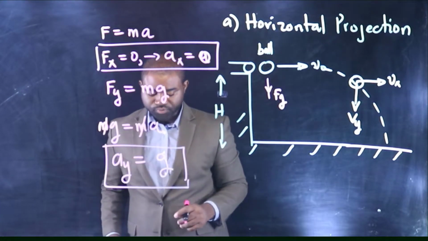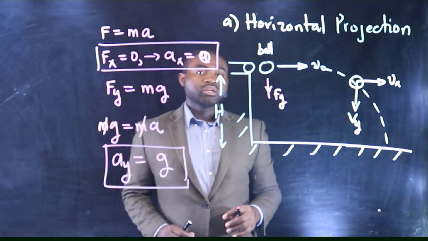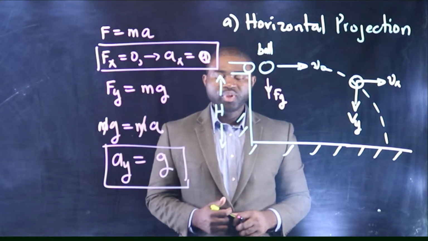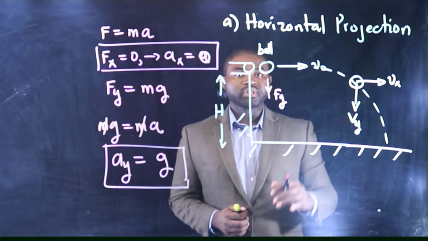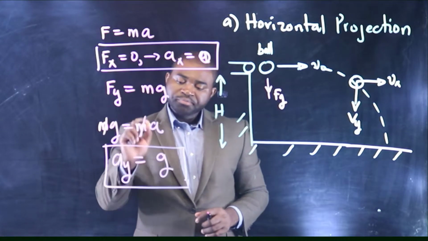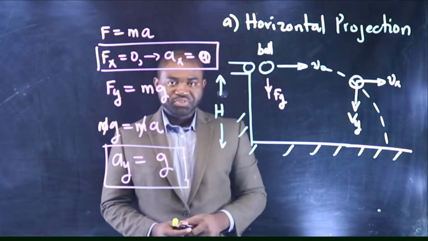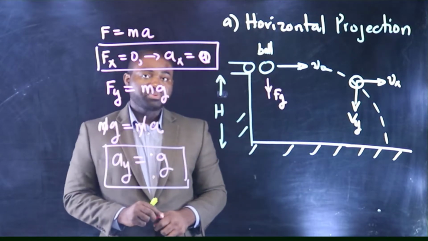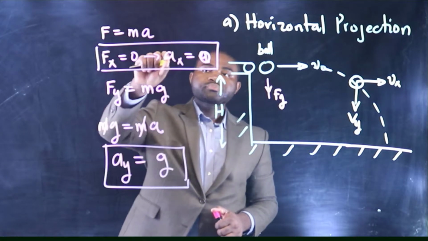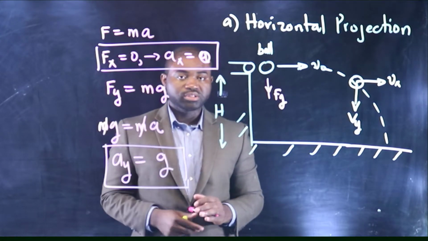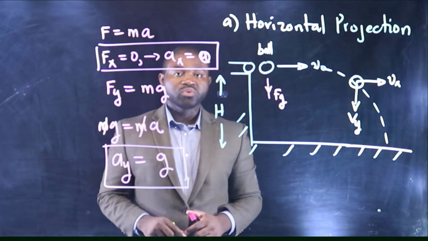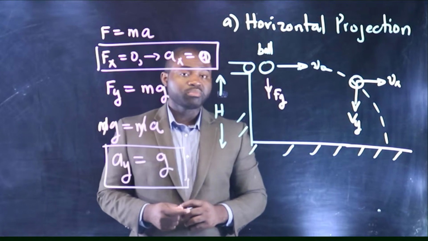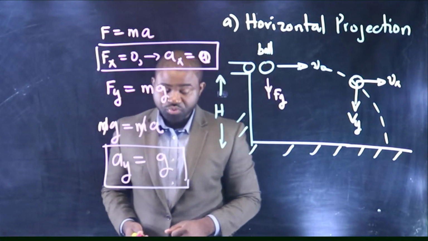So it is important for you to keep in mind that the object has no acceleration in the x direction, but its acceleration in the y direction is the acceleration due to gravity. This essentially implies that the velocity in the x direction remains constant, while the velocity in the y direction changes uniformly. Now we are going to consider this in detail as we move forward.